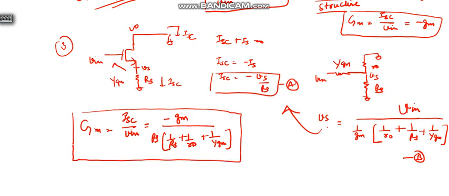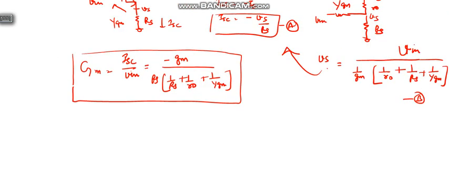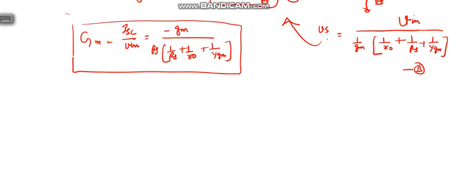Now let us consider one case. Suppose RO is much greater than RS, or RS upon RO is much less than 1.